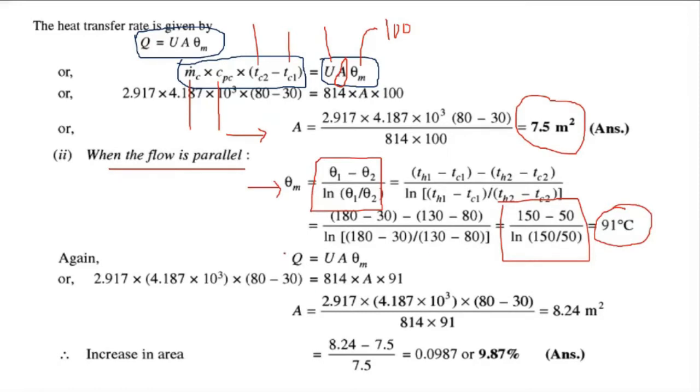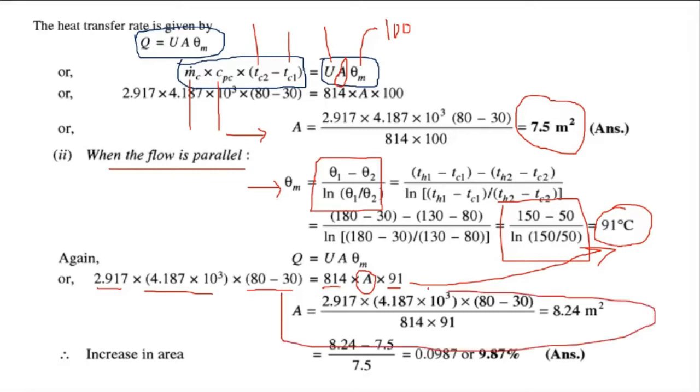Now in the expression for Q, Q is equal to MC (TC2 minus TC1). This is equal to U multiplied by area multiplied by theta M, which we have calculated here. So from here, can we find out area for this given case? Yes or no? Yes, sir.